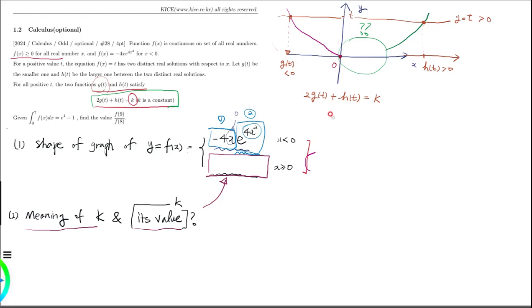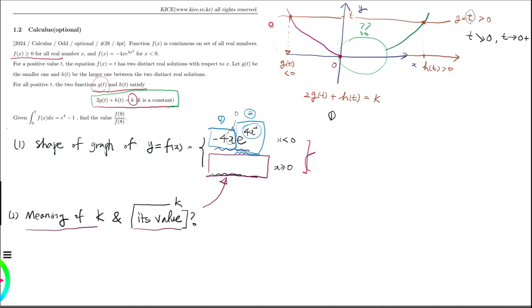The first thing we can know is that when t goes to 0, it maintains a positive value. It goes to 0 from above. Let's see the graph.